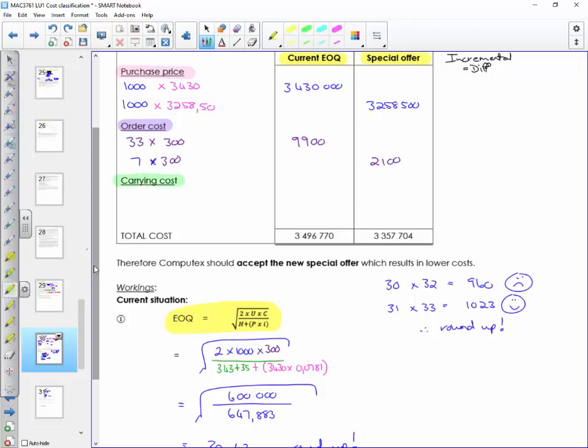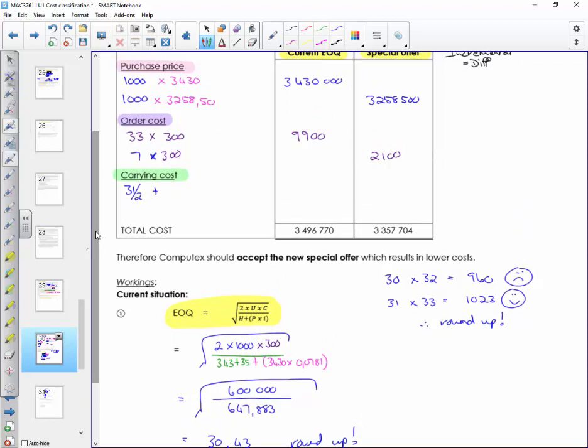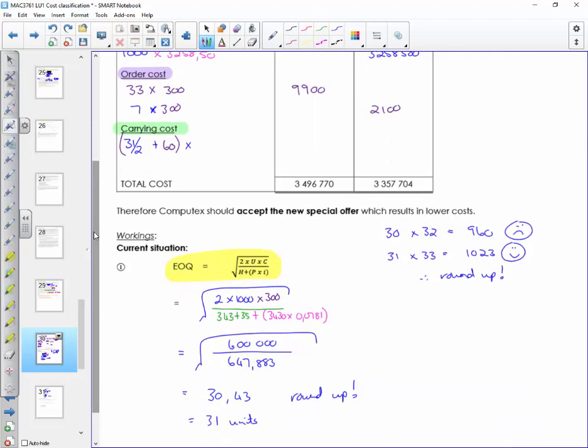Now the carrying costs. I'm going to order an average inventory of 31 units over 2, 31 being my economic order quantity, plus I'm going to have my safety stock of 60 units, which we calculated at the top, and those number of units will be at the cost of holding the inventory, which is the 647,883.